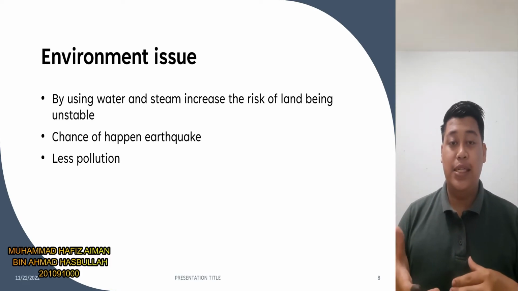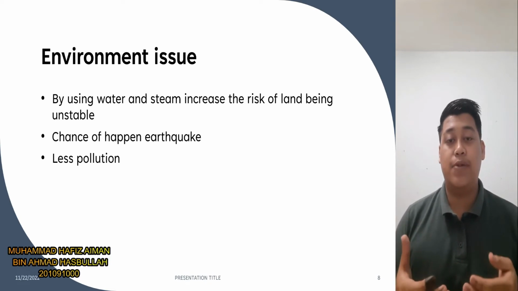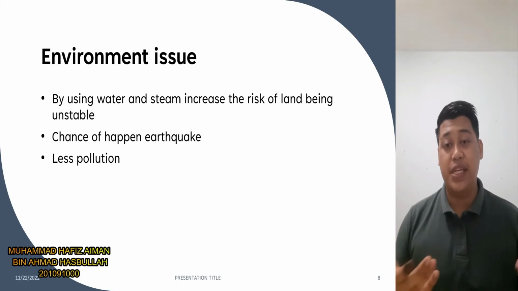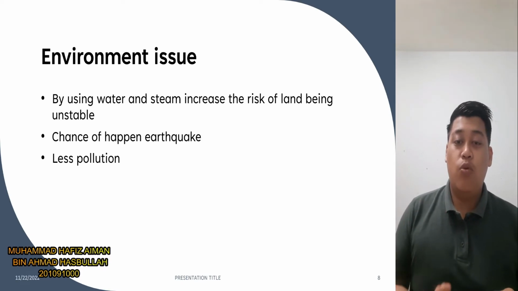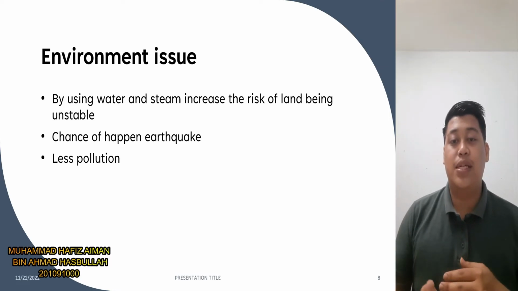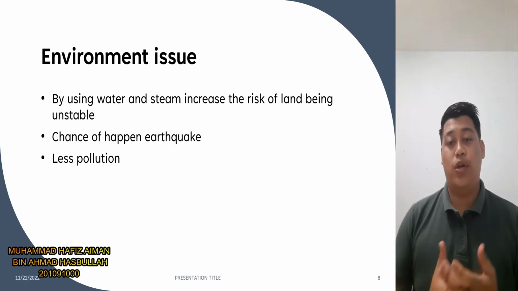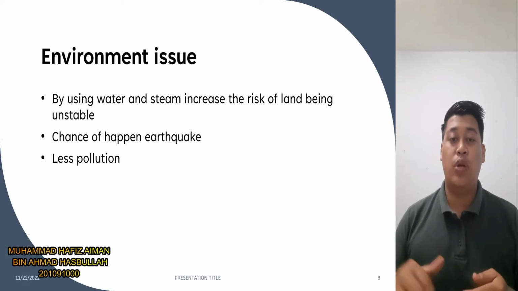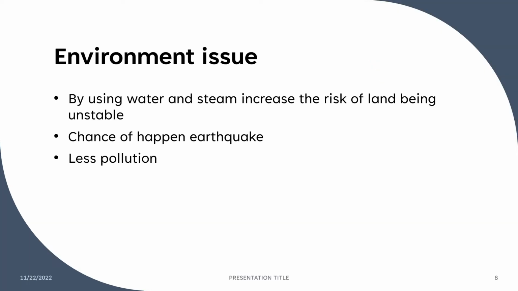This causes the land to gradually sink over time, but it is preventable by injecting steam through an injection well, which lowers the risk of land subsidence. Other than that, there is always a chance of an earthquake at a geothermal power plant. This is true because we need to dig a hole that is close to a volcano or hotspot.